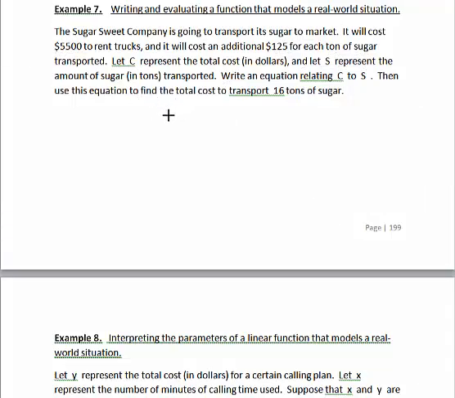Alright, so our equation was C equals 125 times S plus 5,500. We replace S with 16.